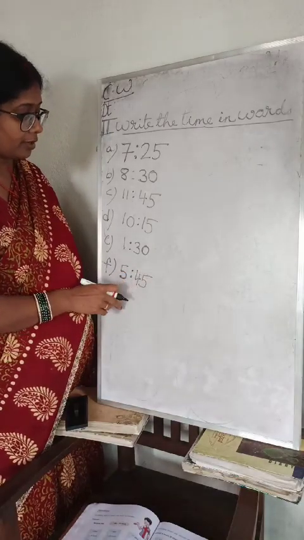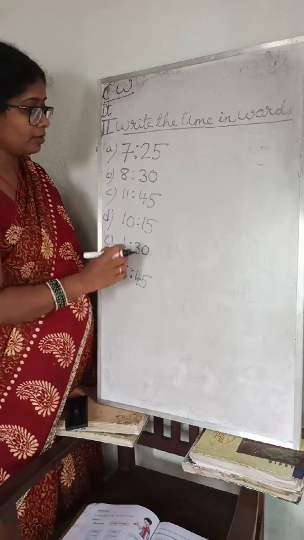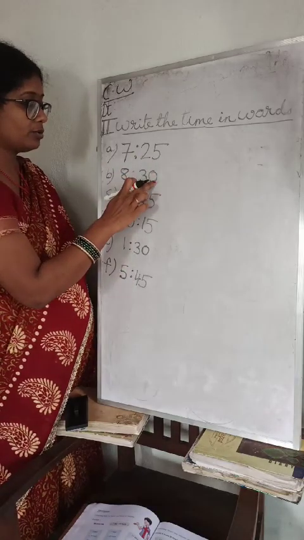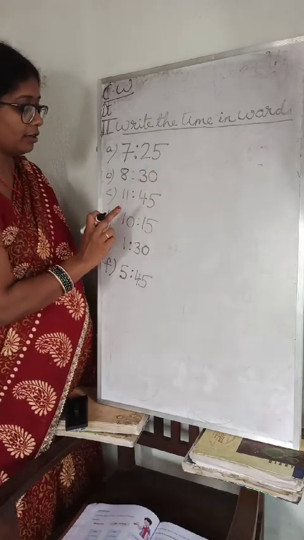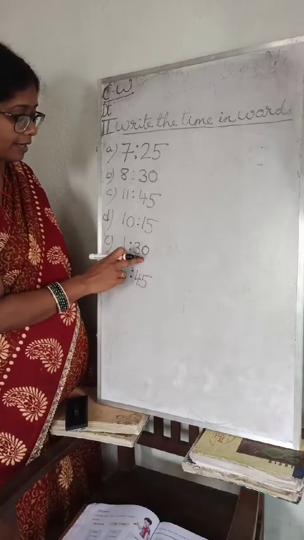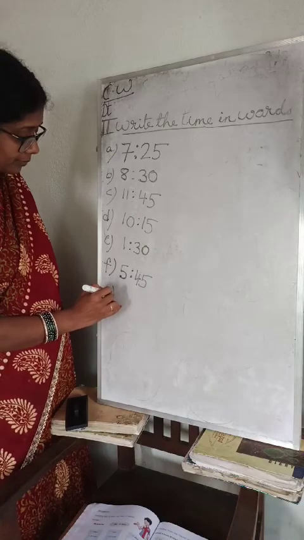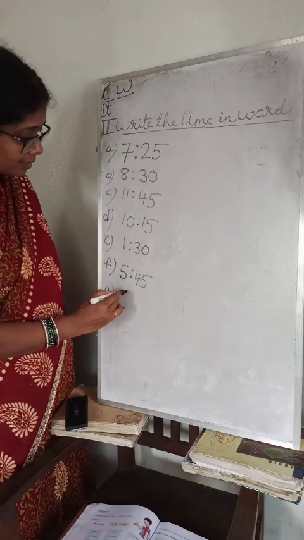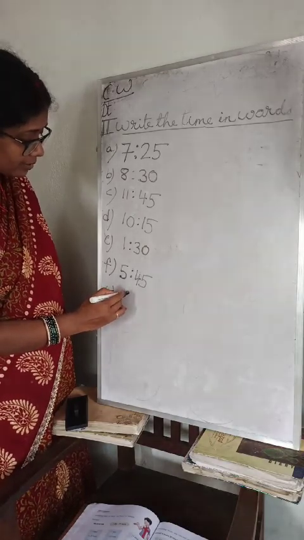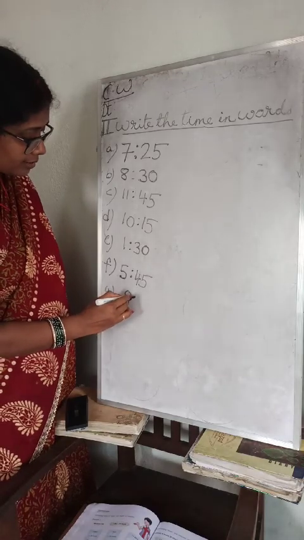Okay, so I have given you 1, 2, 3, 4, 5, 6 and 2 more. That would be 7 and 8.